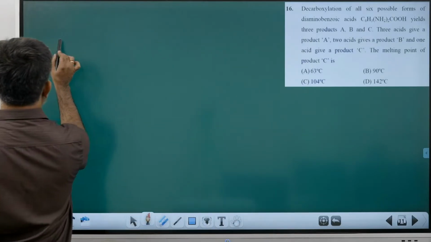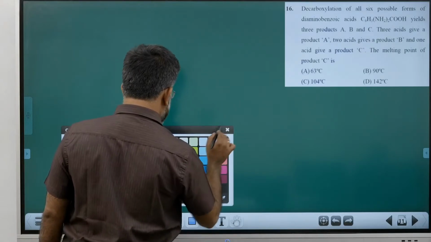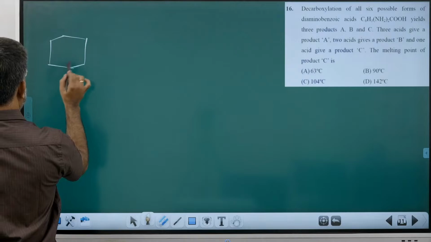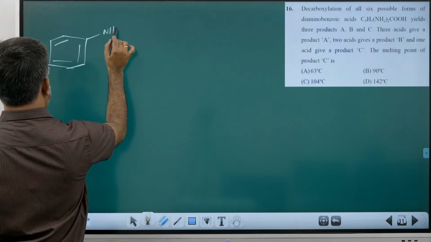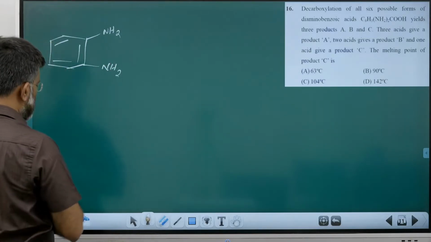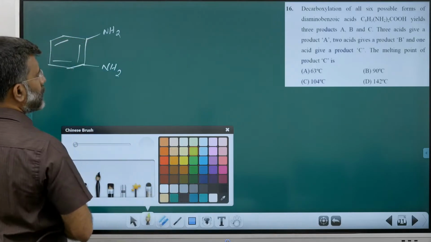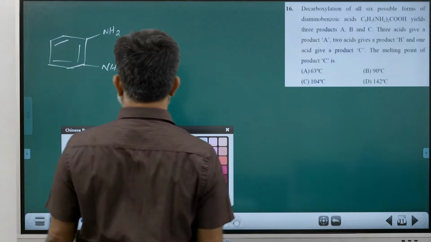What are the 6 possibilities? You can have diamino like this, you can have diamino like this. Now, the carboxyl group, it's a monocarboxyl, right? Yes, only one carboxyl group is there.